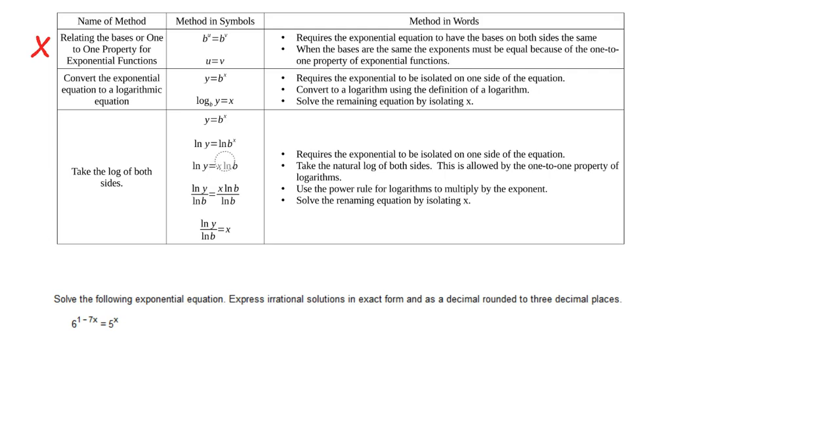And then once it's out of the exponent, we can get that variable by itself by dividing both sides by natural log of b, and we're able to solve for that value of x. So I'll show you the converting method, and then I'll go through the taking the log of both sides method.